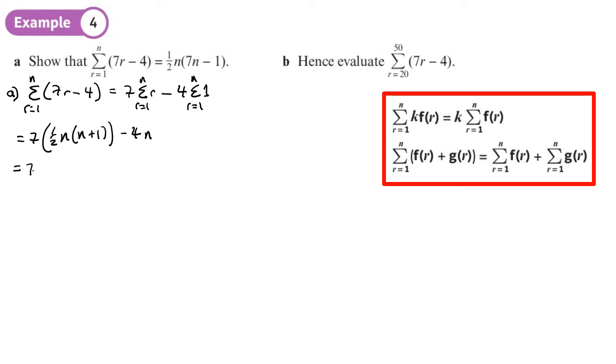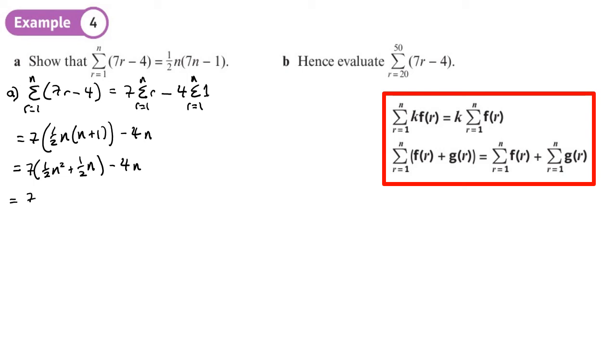So we're going to have 7 times, in brackets, half n squared plus half n. Well, it's not 1 over n, it's half n. Minus 4n. Now let's expand the brackets, and it looks like we need to refactorize it with half n outside.